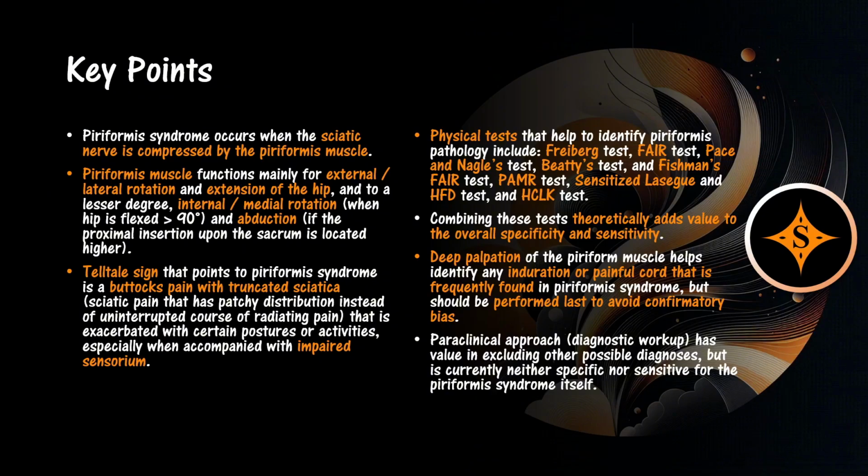That means there is a disjointed distribution, not an intact radiation of pain. There's an area of pain, further down, no pain, further down, pain again. That's what truncated sciatica is.